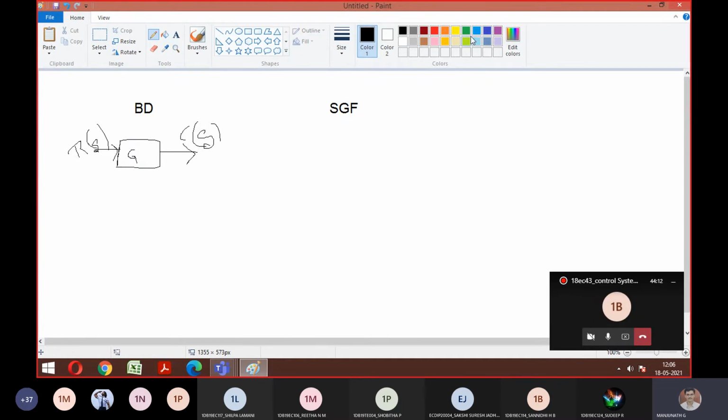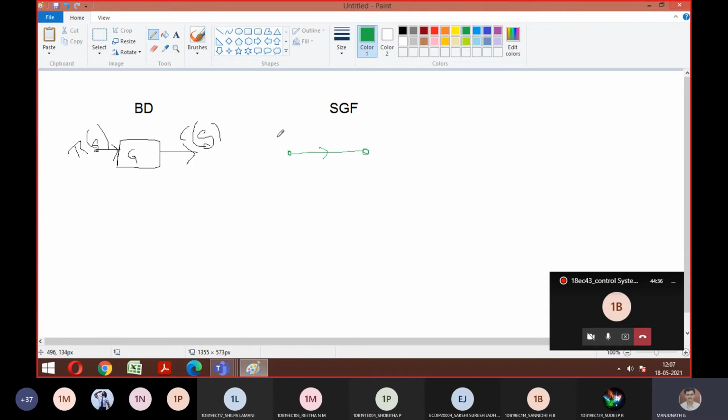The same with respect to the signal flow graph, I'm just writing a signal, but the advantage here is you can implement it for any complex network because we don't have any blocks to write here. We just need to write the flow of the signal. That's all.